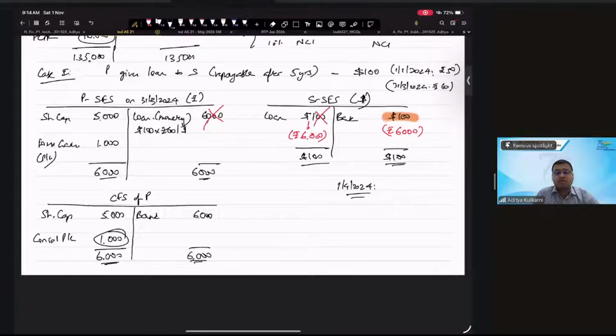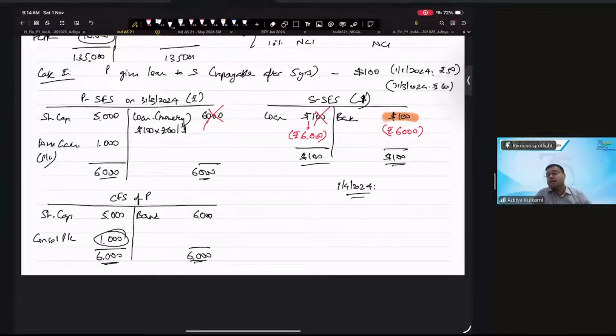Parent will get 5,000 rupees or 6,000 rupees? Will get 6,000. Exactly. Sir, but when the parent gave $100, you converted it into 5,000 because on that day the rate was 50. But when the money came back, I got 6,000.